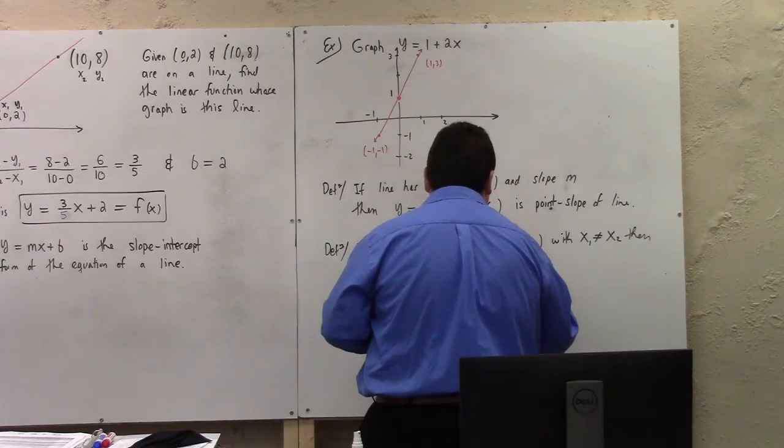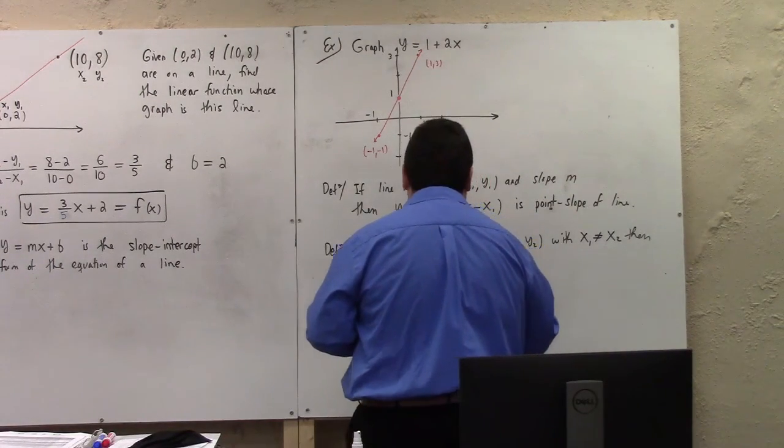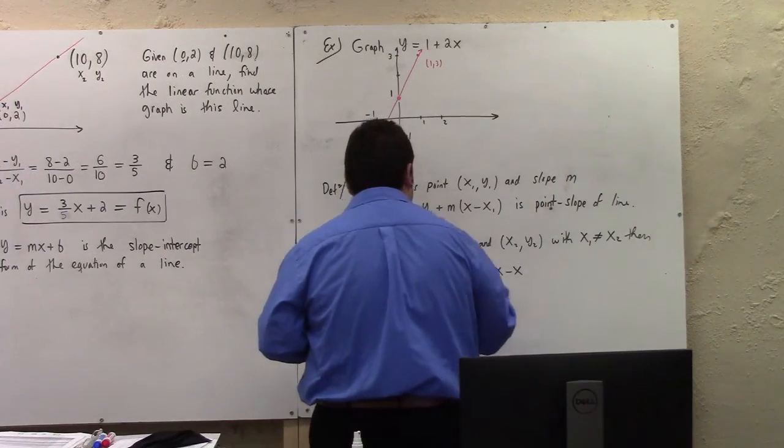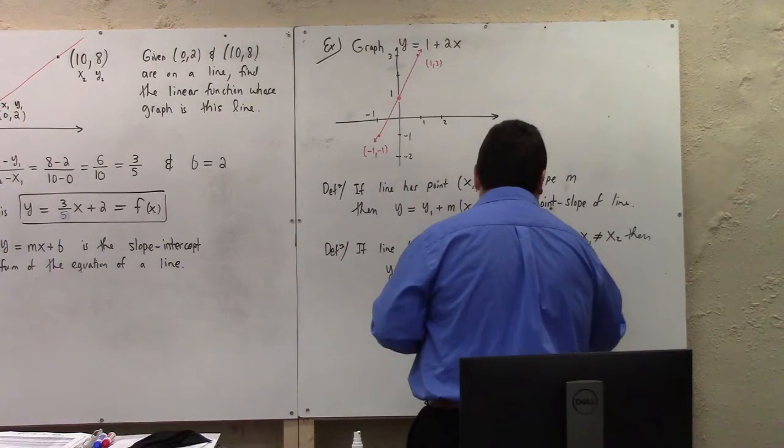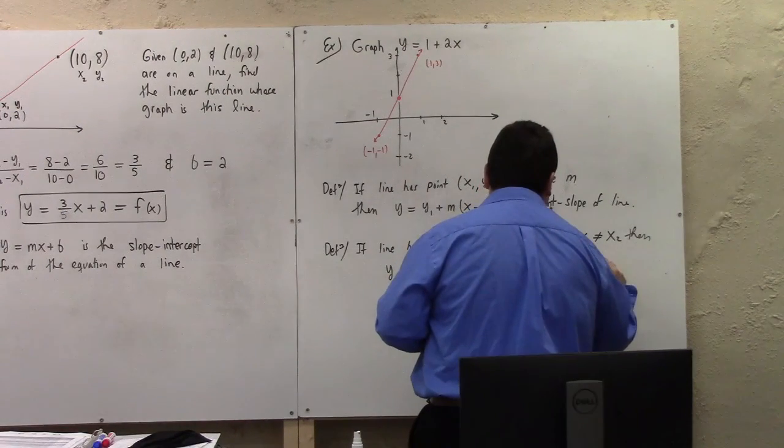I meant to put y1 here, sorry, y1, x minus x1 is 2-point formula for a line.